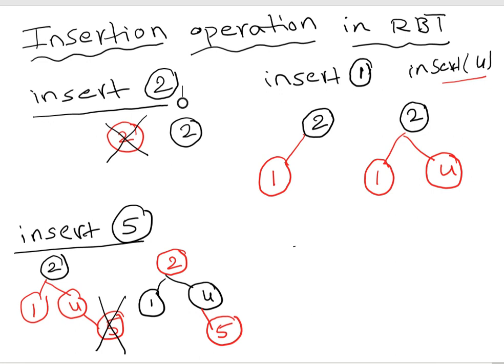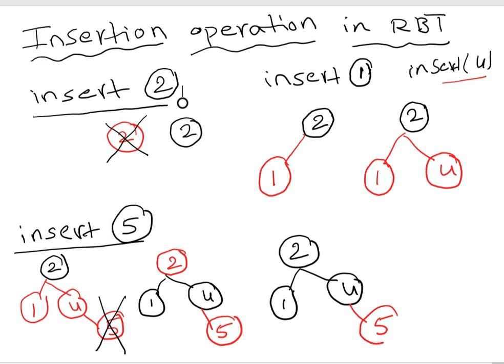I will make 2 a black node, and then 1 and 4 black nodes, and then 5 a red node. Can I do this one? Yes. Like this, I can insert it.